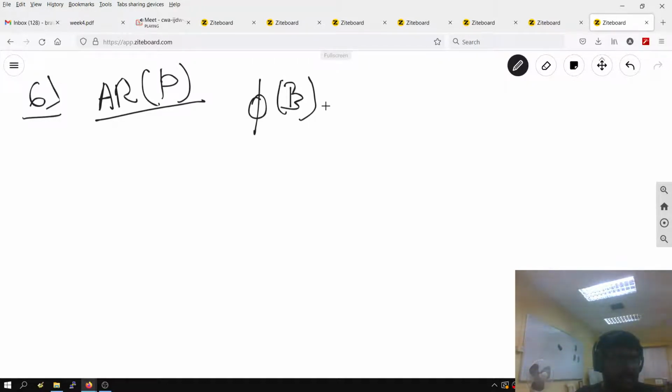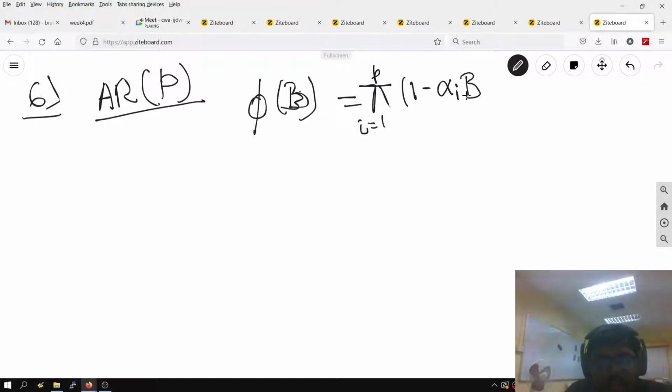Phi of B can be written as the product for i equal to 1 to p of 1 minus alpha_i B, as sir has taught in the class.